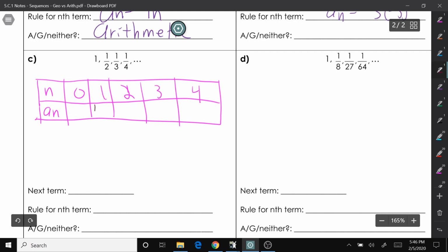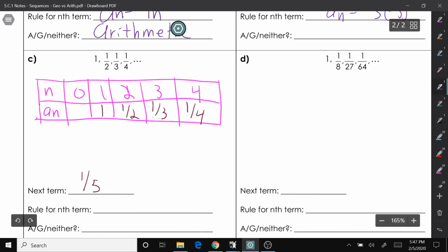And we have 1 over 1, 1 over 2, 1 over 3, 1 over 4. So you can clearly see that, alright, it's 1 over n. So the next term should be 1 over 5.